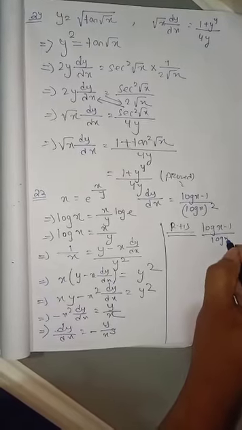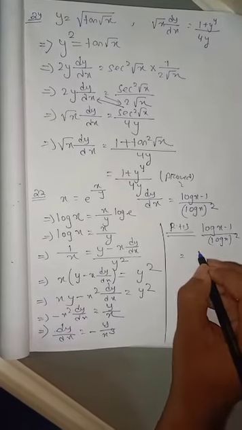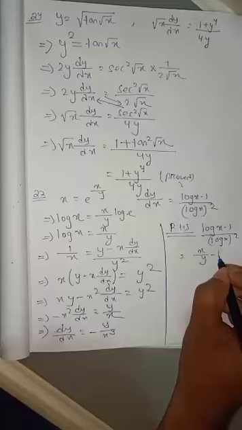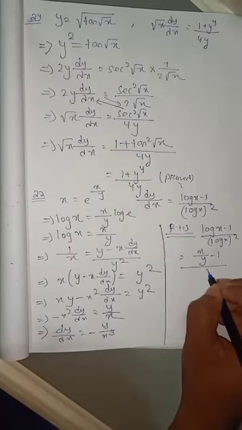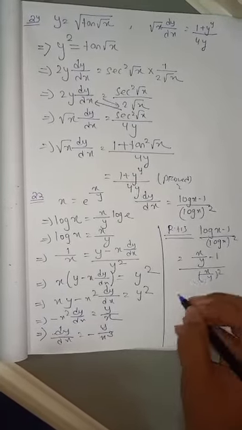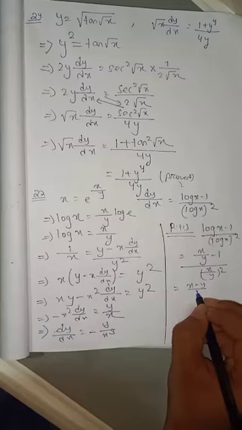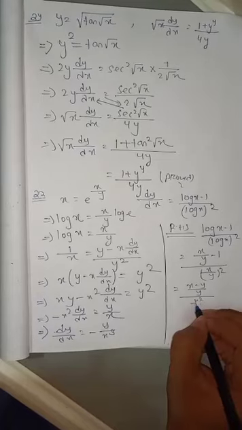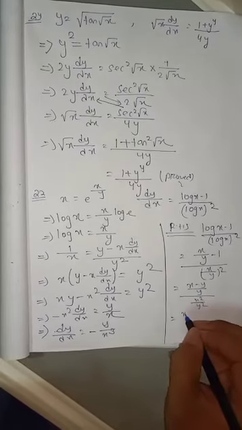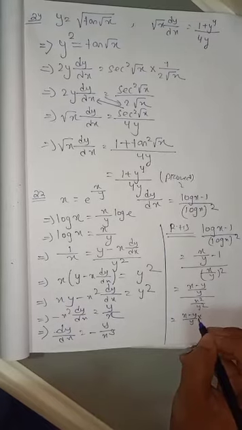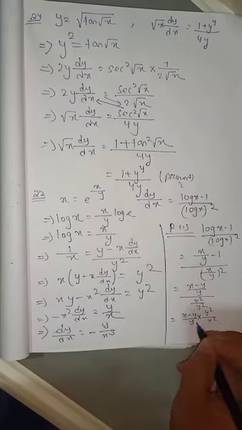log x is x by y, minus 1 by log x is x by y, whole square. x minus y by y, by x square by y square. x minus y by y into y square by x square.